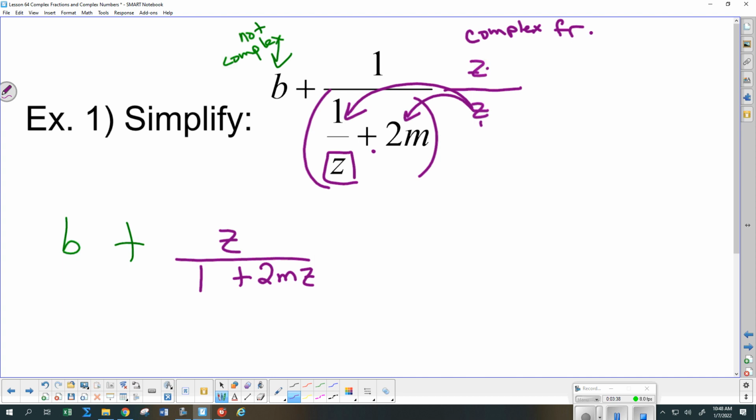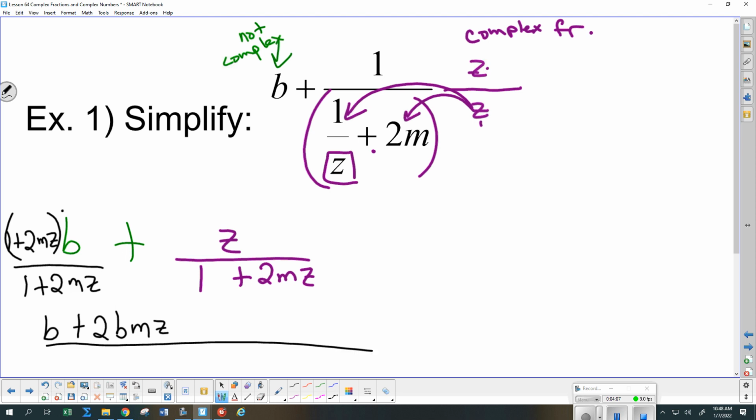Only one has a denominator, so I'm going to let that be the common denominator. And if I want this to have the denominator of 1 plus 2mz, I have to multiply the numerator and the denominator by 1 plus 2mz. So when I do that, if I'm multiplying something with a plus times b, I have to distribute. So I have b plus 2bmz from that first part.